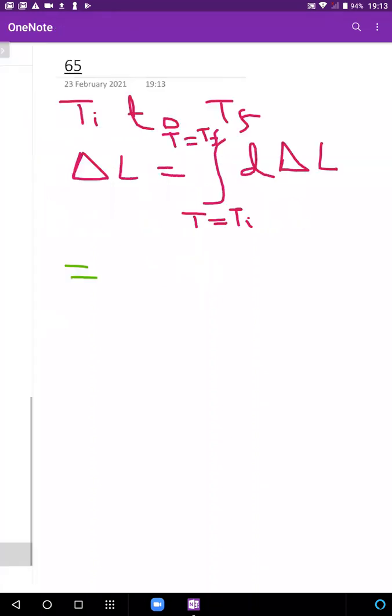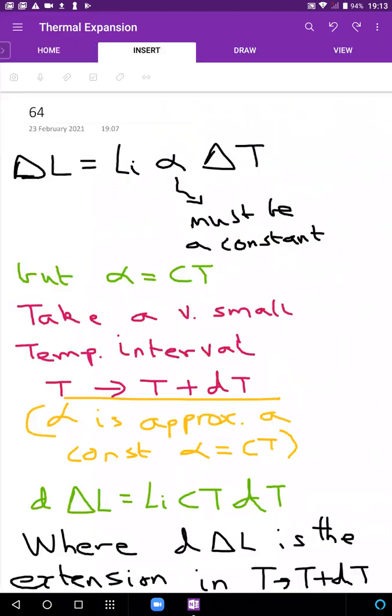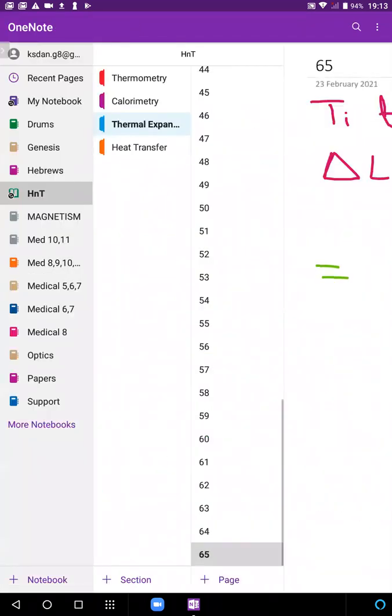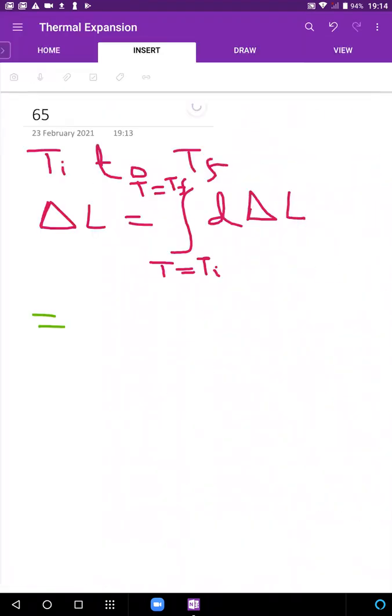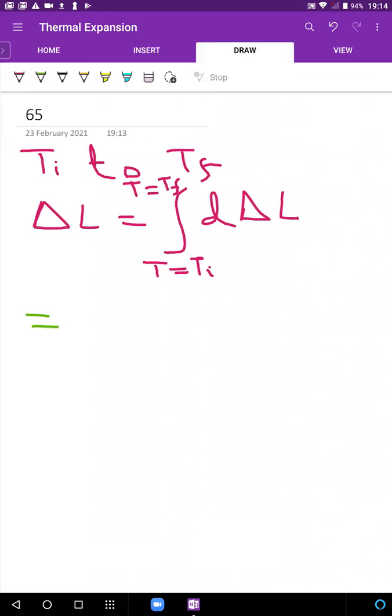So here let's substitute d delta L. What is d delta L? L alpha C T dt. If anyone is wondering why I'm not integrating L, L is a constant. L is hardly changing. Nobody is saying that the length is increasing by a very large amount.